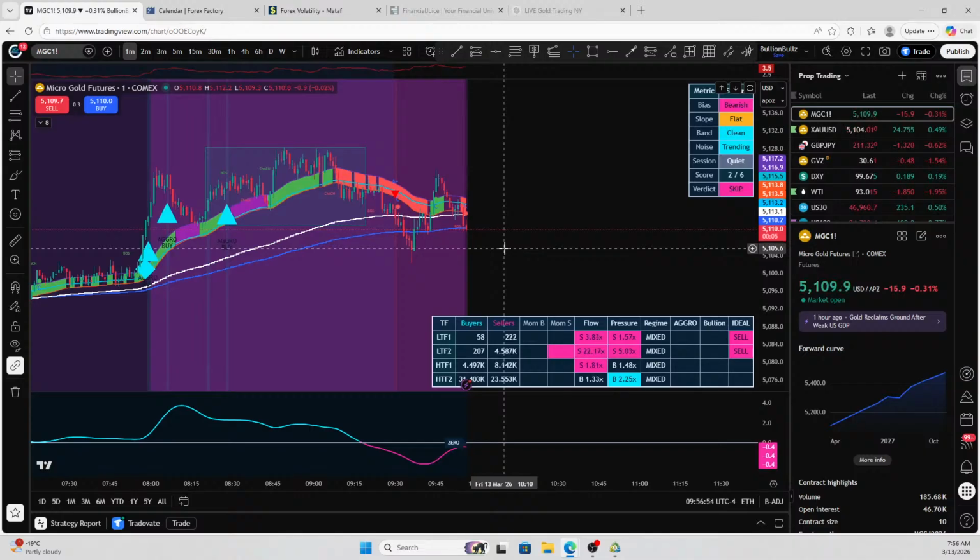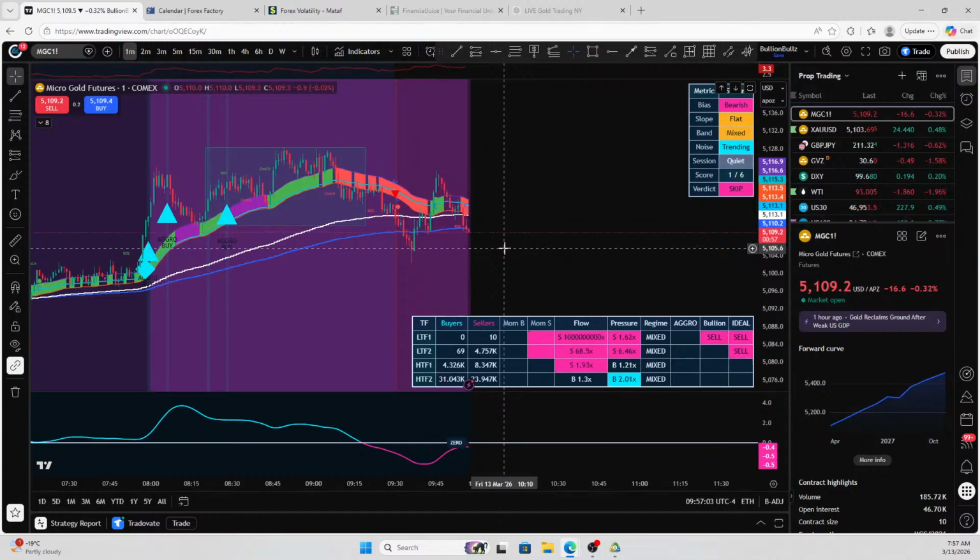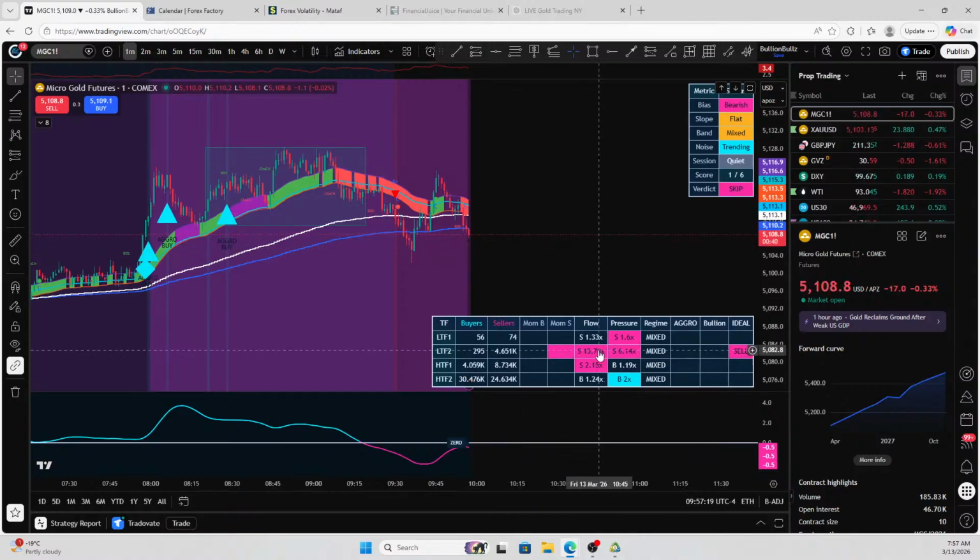My plan today is to see if price distributes below the previous day low or expands above the previous day high. We are looking for a ranging market. However, we might see a momentum move, which would be picked up by our trend master indicator here. So right now we're just waiting.